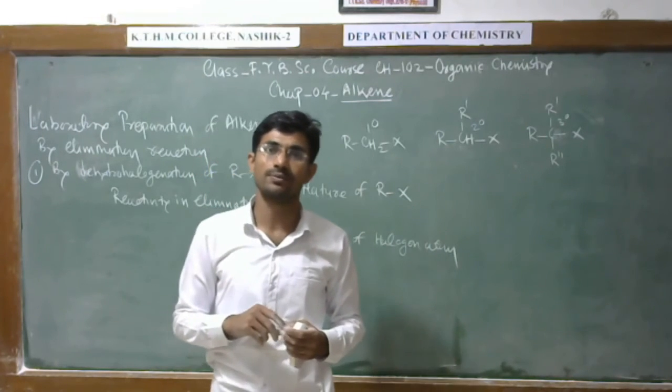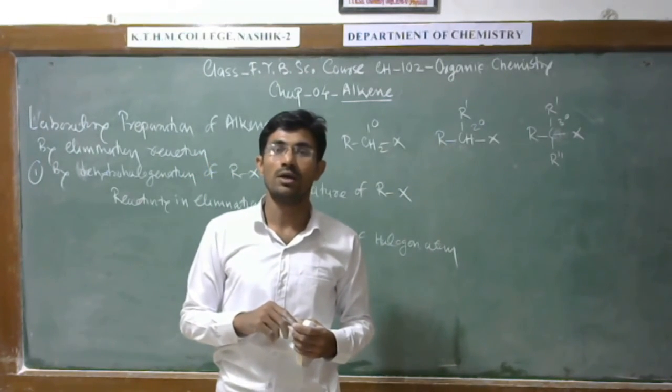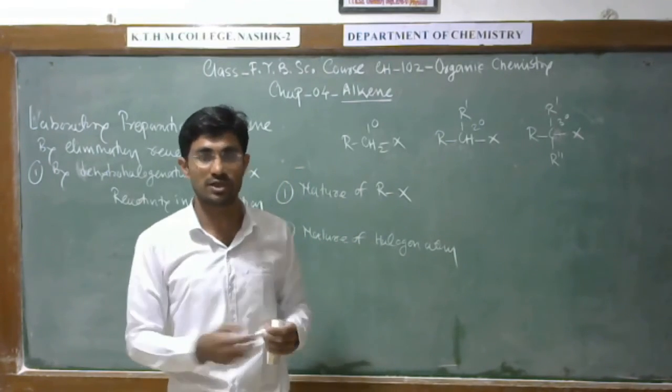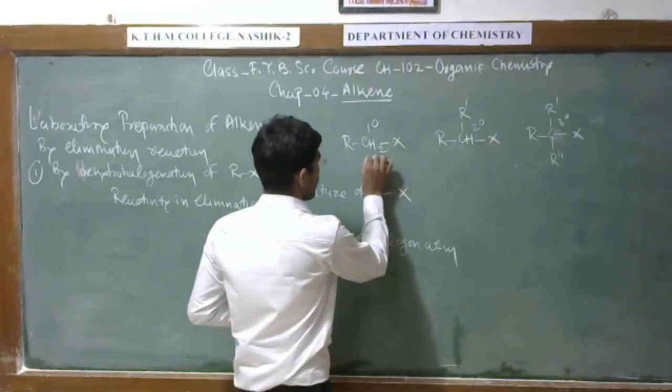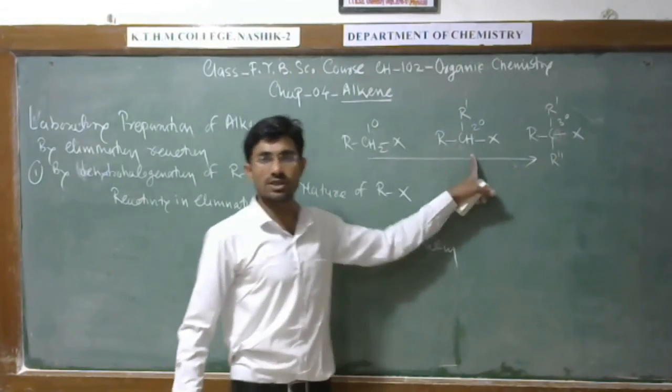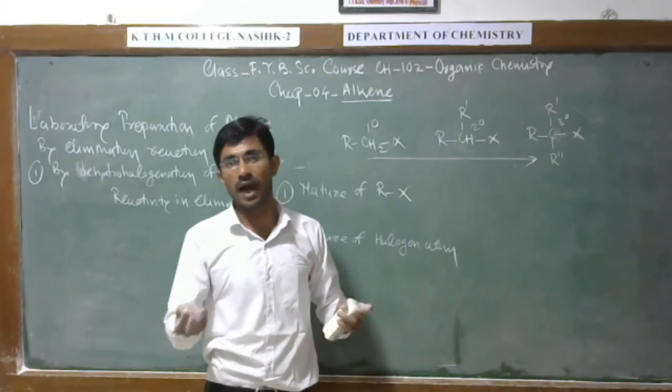First is that the number of beta hydrogens increases from primary to secondary, secondary to tertiary. This is the first effect. From this to this, the number of beta hydrogens increases.